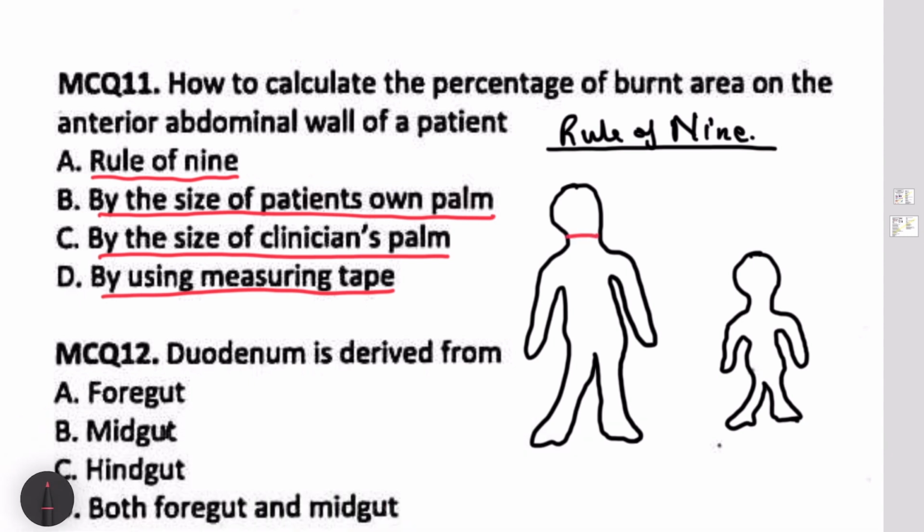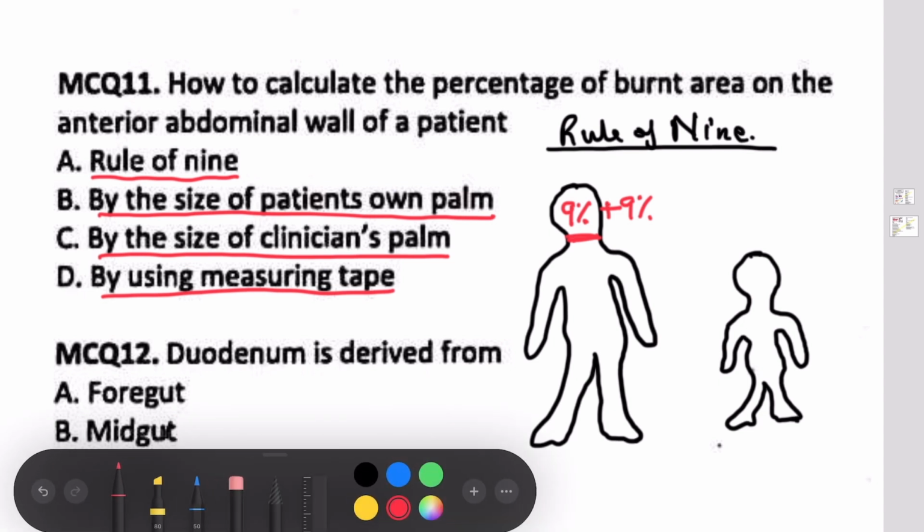So in the head and neck region in an adult, this is 9% in the front and plus 9% behind. Right, total head and neck is 18. And I think I should better write it so that it doesn't give confusions.